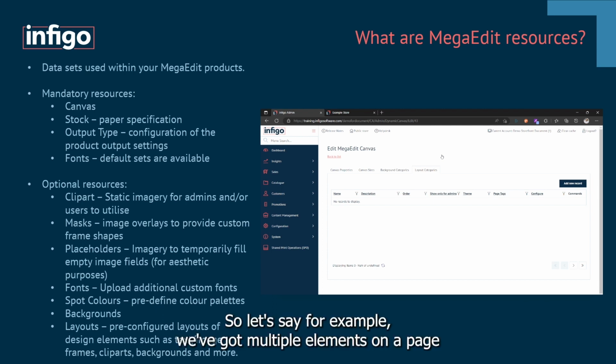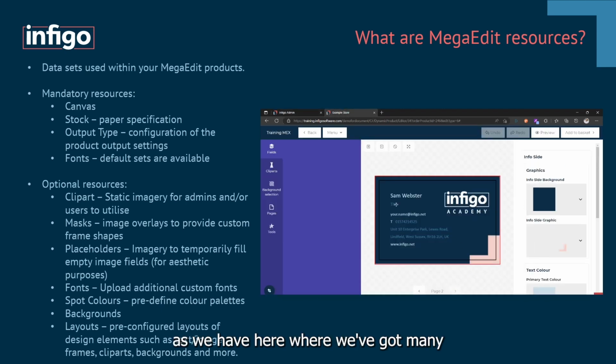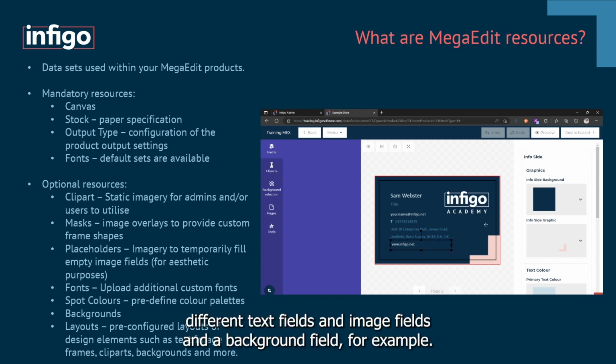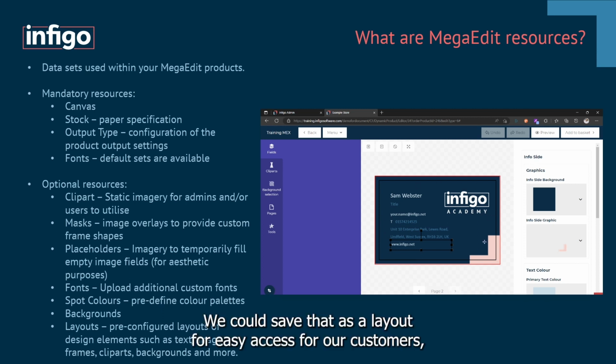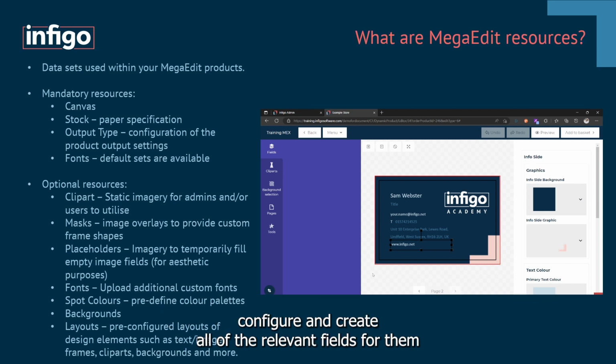So let's say, for example, we've got multiple elements on a page, as we have here, where we've got many different text fields and image fields and a background field, for example. We could save that as a layout for easy access for our customers. So they could just drag and drop a layout onto one of the pages and it will auto configure and create all of the relevant fields for them to use.